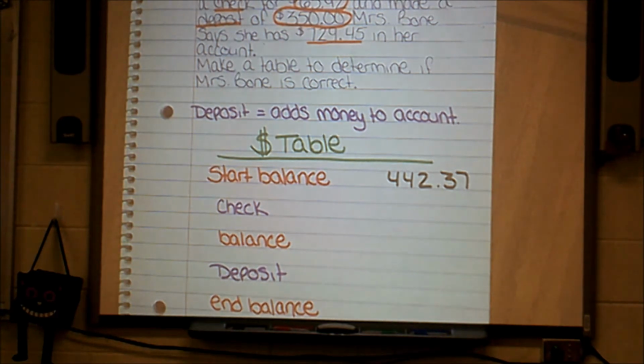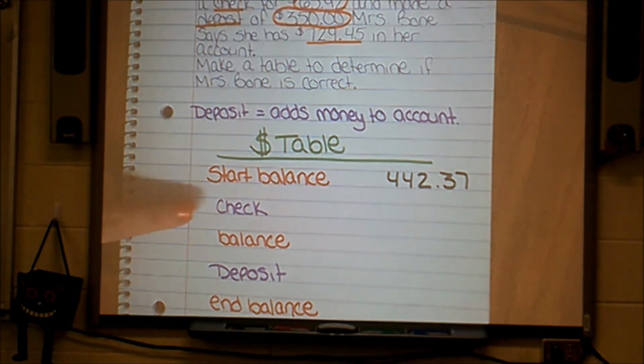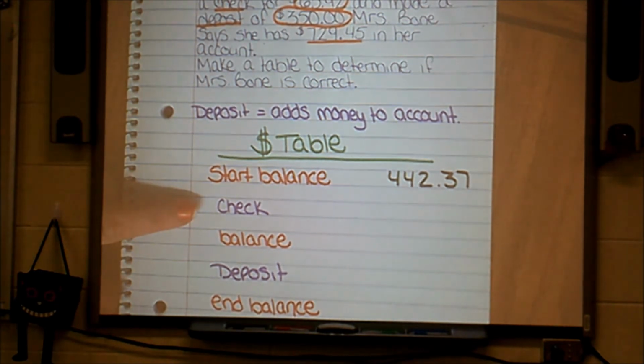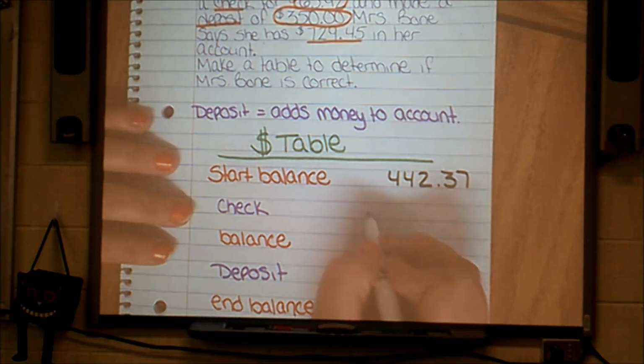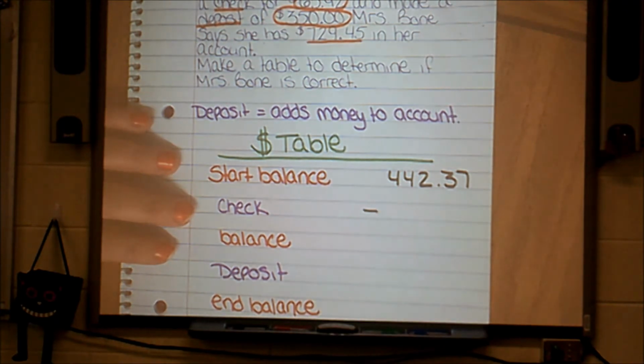Maybe she had to pay the water bill. Maybe she had to pay her cell phone bill, some internet in there, something like that. She had to pay some kind of bill. So because she had to pay for it, it's not going to be an addition. It's going to be a subtraction of money. You don't make more money when you have to go to the grocery store. You have to take money out of your account to be able to buy those groceries. So I'm going to be subtracting $63.92, always being sure to line up my decimal.